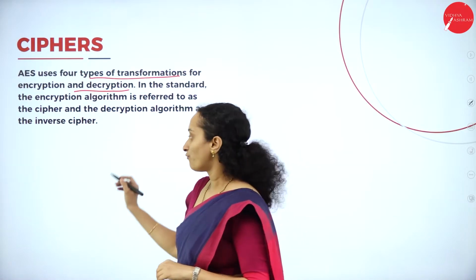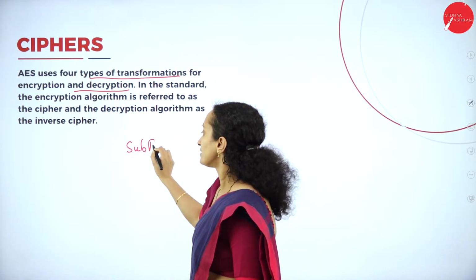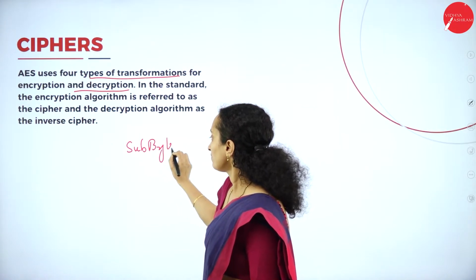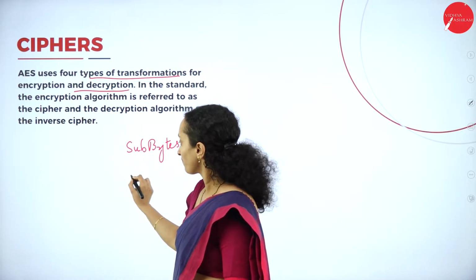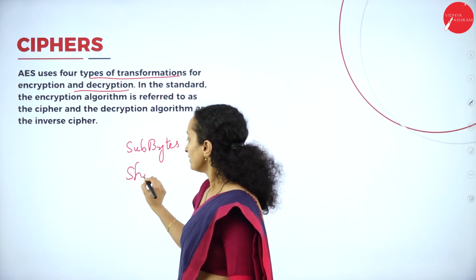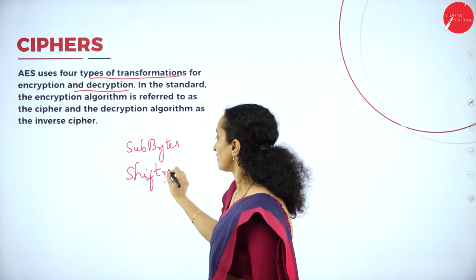We use 4 functions here. One is subbytes, next is the permutation using the method shift rows.